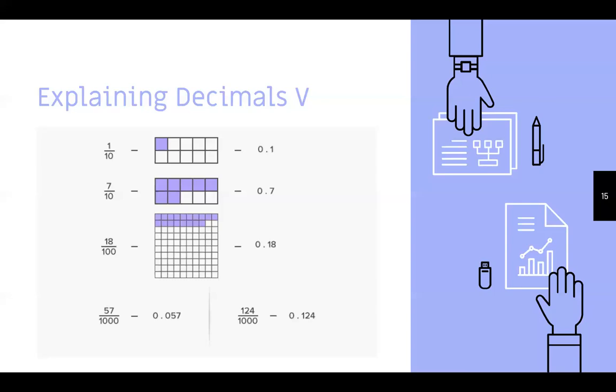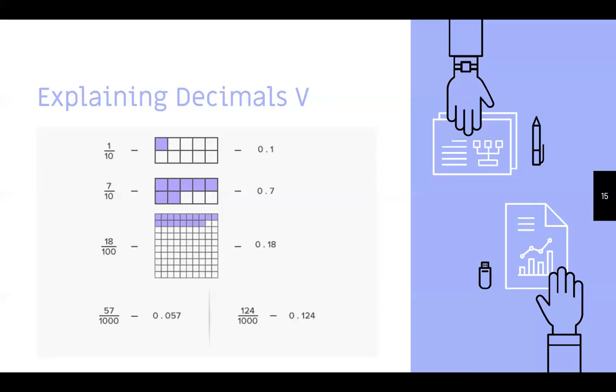Those 1,000ths do get complex, right? 124 over 1,000, right? That's 0.124, right? Because it's 1,000, it directly corresponds. We can just put the decimal point 3 places out, right?